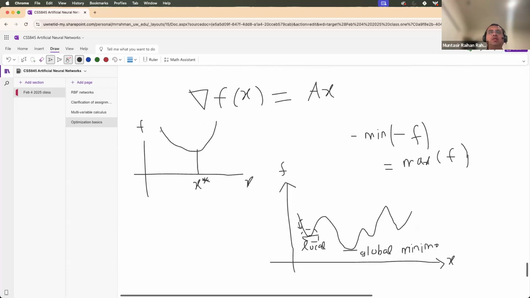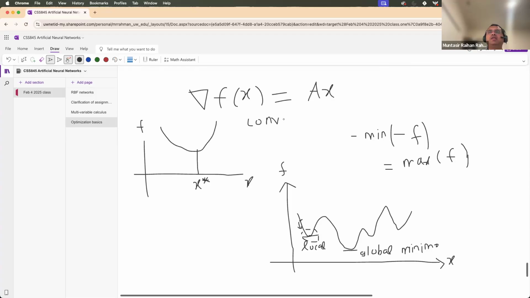So what about this case? In this case, this is a local minima, but what about the global minima for this function? Where is the global minima? The global minima is actually the same as the local minima. And that happens because this has this particular bowl-shaped structure, which is what we know as a convex function.